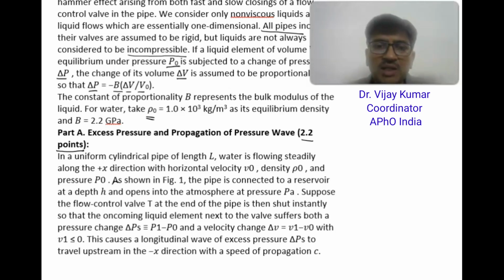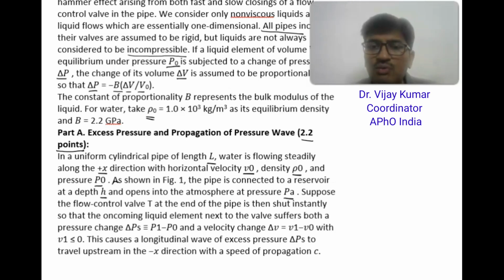This part is in a uniform cylindrical pipe of length L. Water is flowing steadily along the plus x direction with horizontal velocity V naught, density rho naught, and pressure P naught. As shown in figure 1, the pipe is connected to a reservoir at a depth h and opens into the atmosphere at pressure Pa.